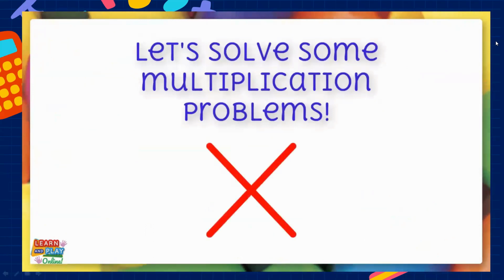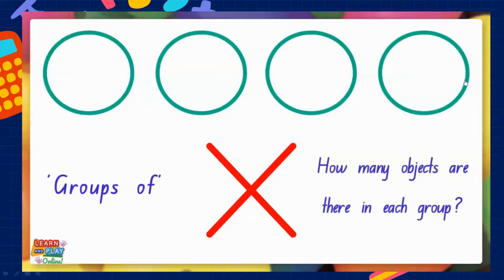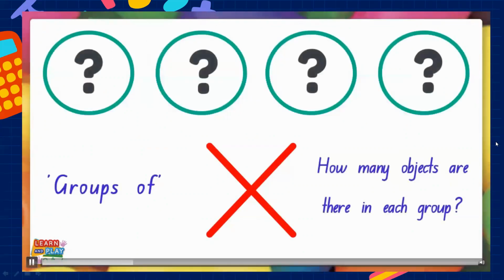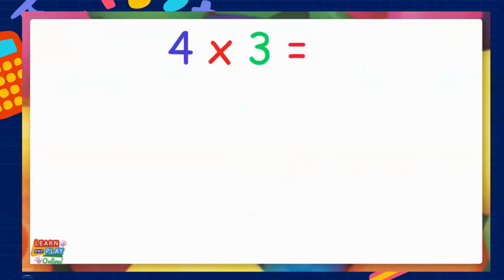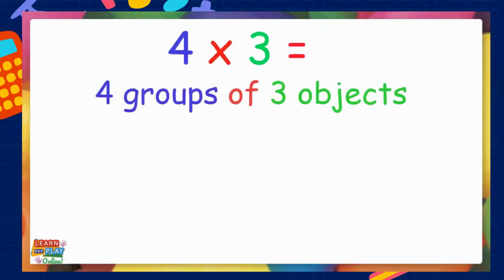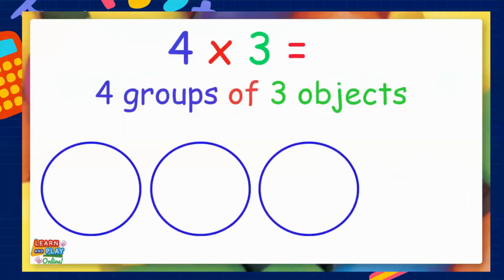In this video, we will be showing you how to solve multiplication problems using groups of and how many objects there are in each group. Let's start with a question that says 4 times 3. That means we need to make 4 groups of 3 objects. Let's make 4 groups first. 1, 2, 3, 4.